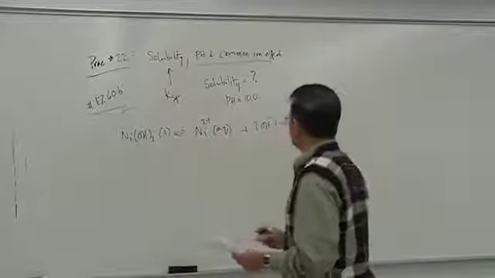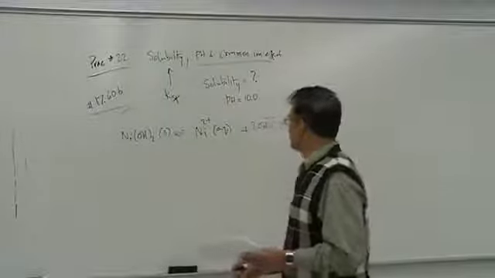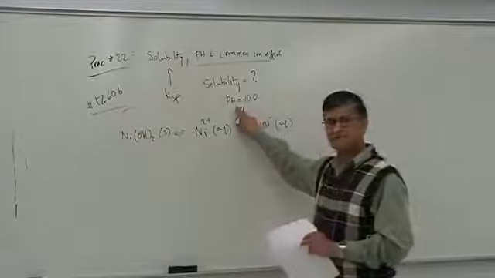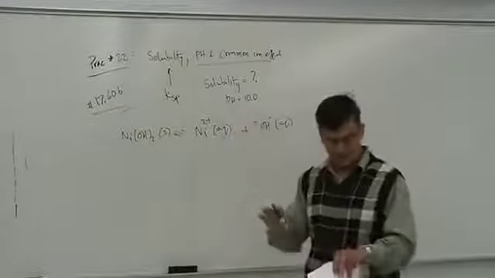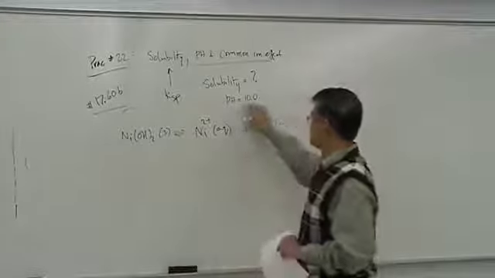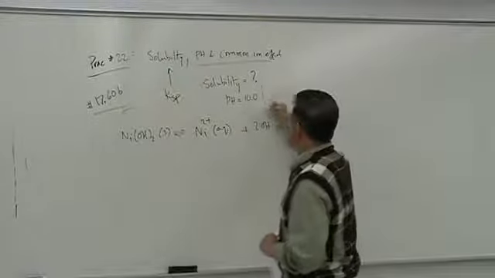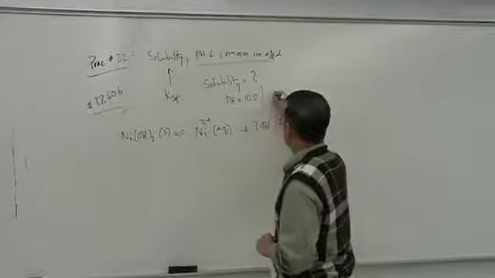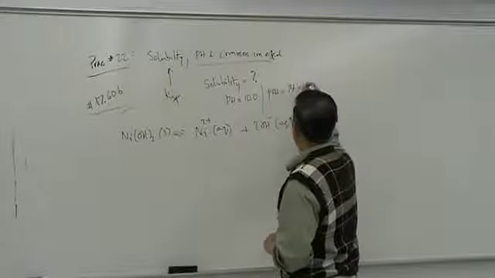Now first we need to understand what pH has to do with this solubility. Here, having H plus means you also have OH minus in solution, because H plus times OH minus has to be 10 to the negative 14, or pH plus pOH will have to be 14. So first find out how much OH minus you have. pOH will be given by 14 minus pH.